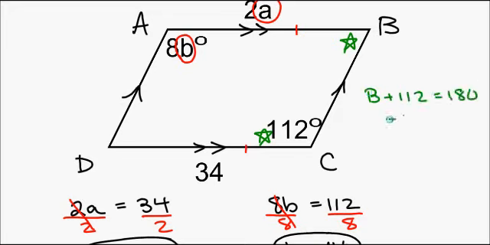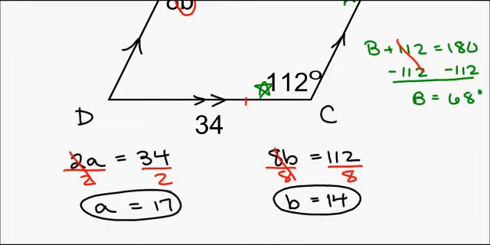And then just subtract 112. And I would get B equals 68 degrees. Okay, so that's one instance of each of the three properties we just looked at, except for the 90-degree angle property.